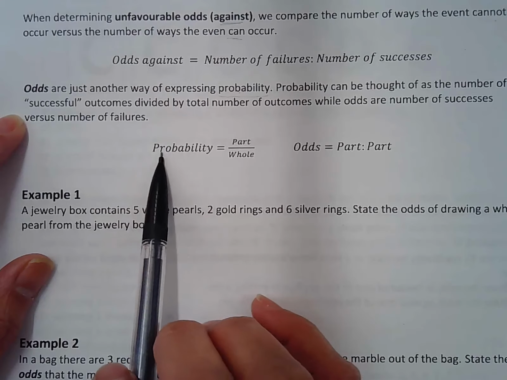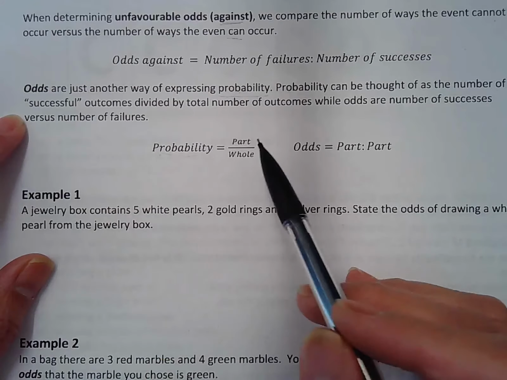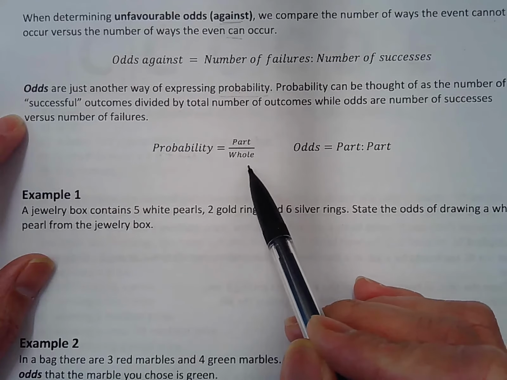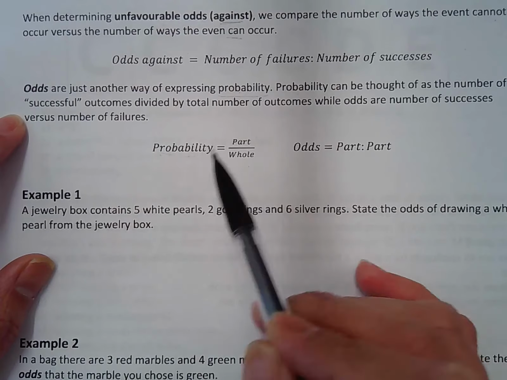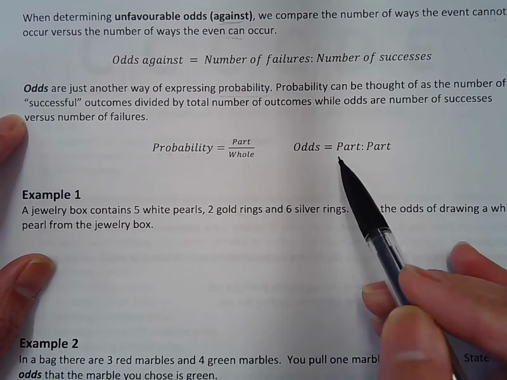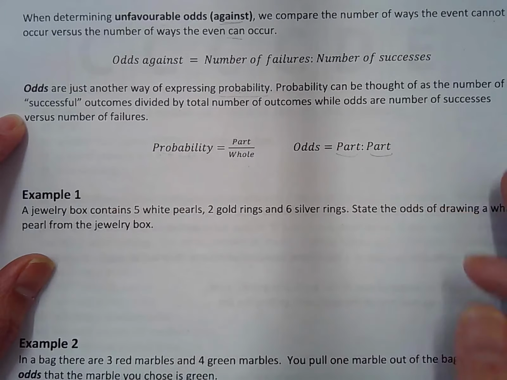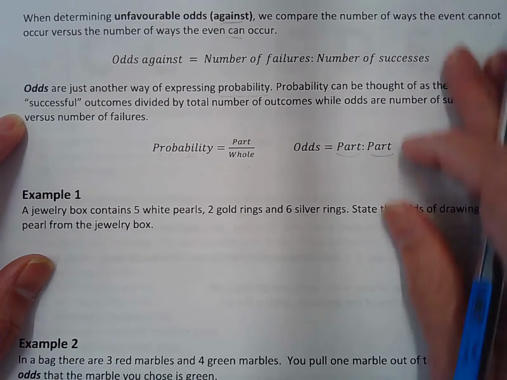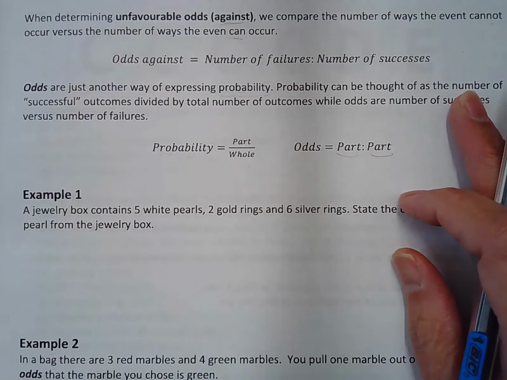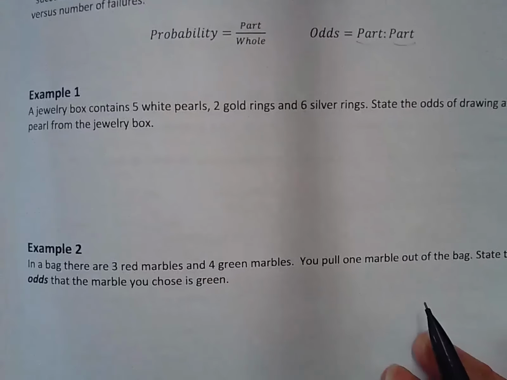Probability is part divided by a whole, and odds really means part is to part. Some of this might not make sense right now, but once we go through the example, it will make more sense.